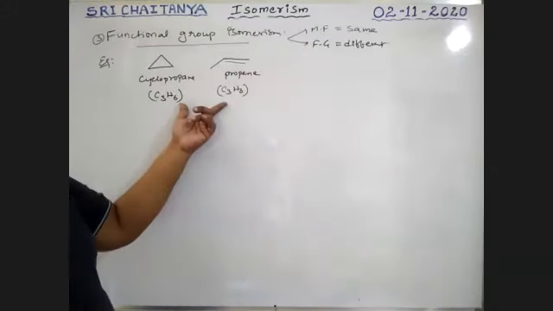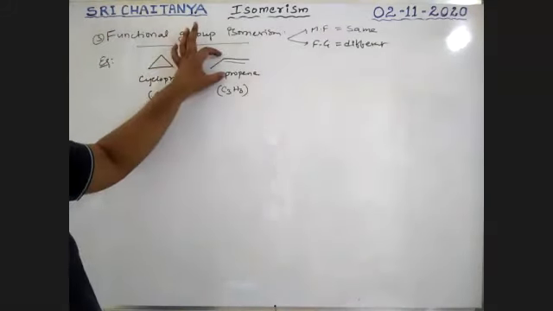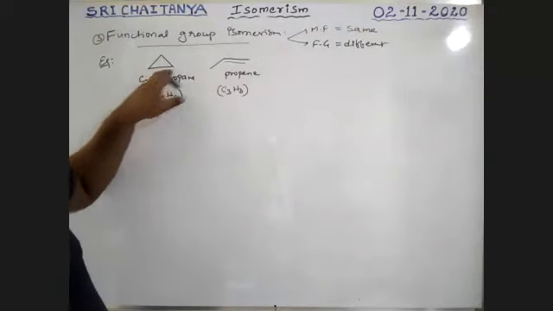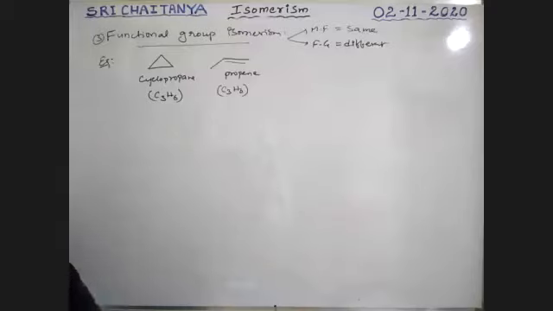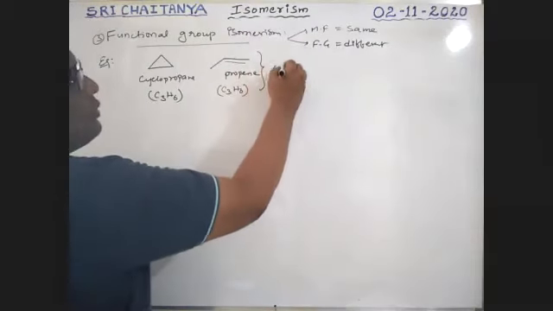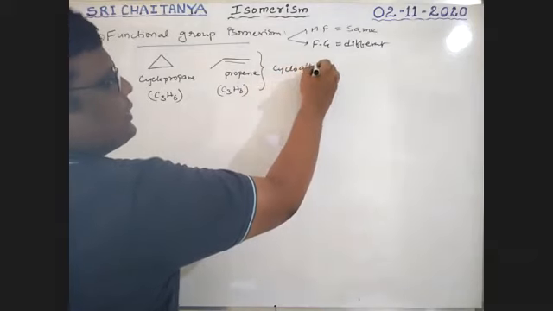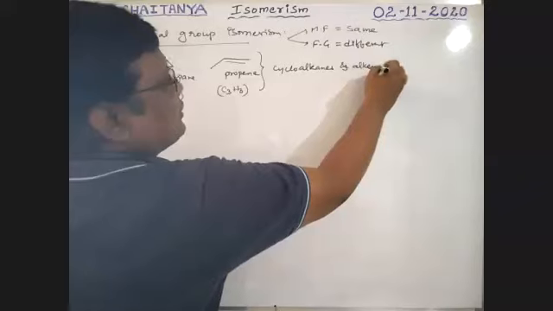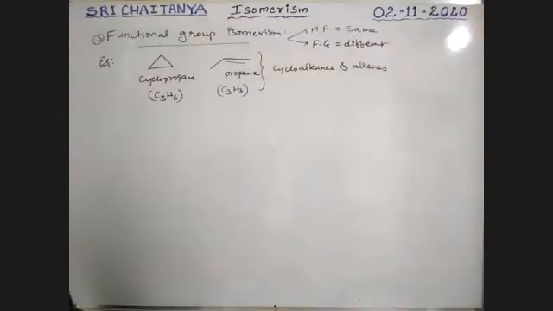The molecular formula is the same, but one is a cyclic compound and the other is an open chain compound. The double bond is another functional group. Therefore, cycloalkanes and alkenes are functional group isomers.